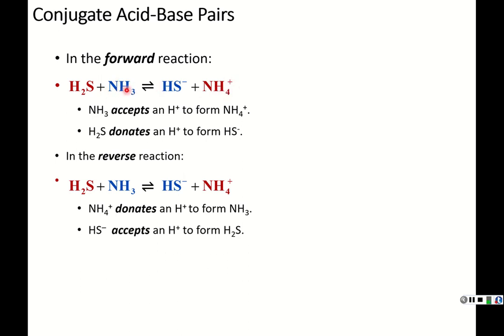If the reaction was going in the reverse direction, NH4 plus would be our acid and HS minus would be our base. So our acid in one direction becomes our base in the opposite direction. That's where we get the idea of an acid having a conjugate base and a base having a conjugate acid. Whatever the formula is, it's what happens after the proton is transferred.